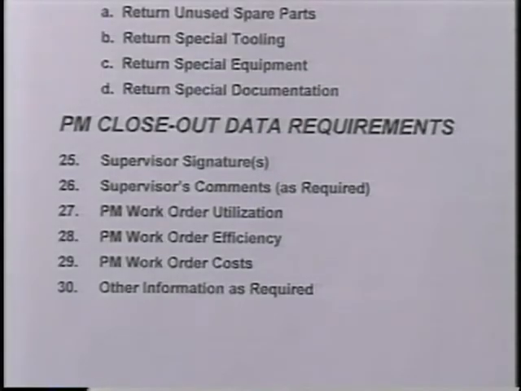And last, we have another major heading, which is below item 24, which addresses the PM closeout data requirements. And you could see that there is a significant amount of data on pages 12A and 12B. Please review these and pick and choose and design your own PM form.